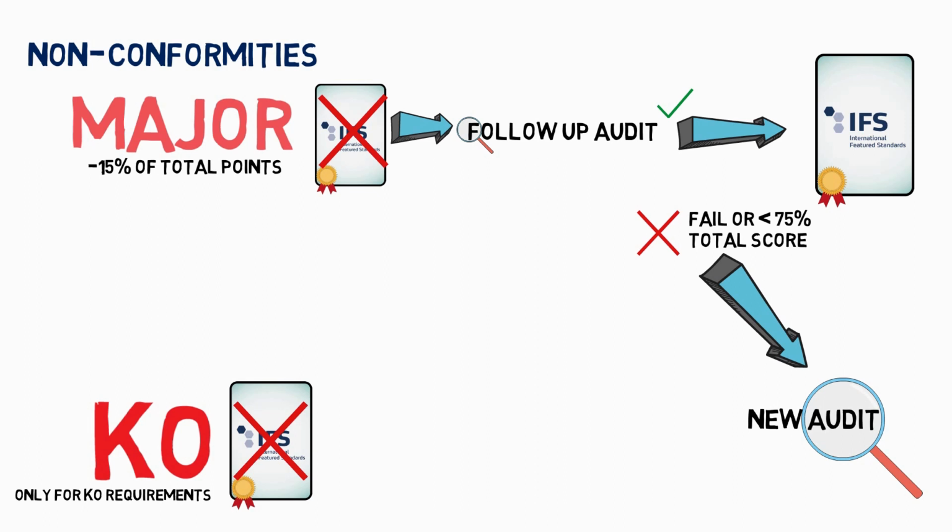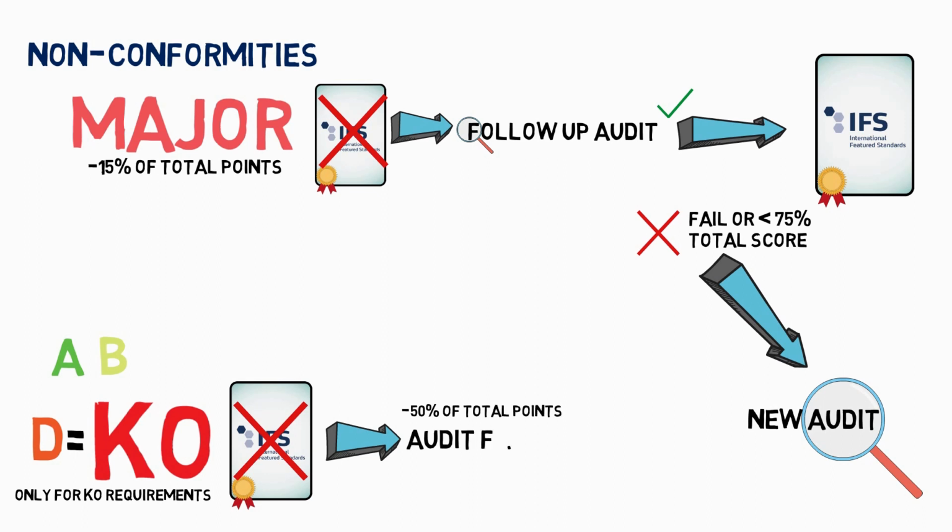In the IFS Food, for example, there are 10 of them. An auditor can only score an A, a B, or a D for these requirements. A D scoring is equal to a KO. And when this happens, the company will not get a certificate and will have to schedule a completely new audit.